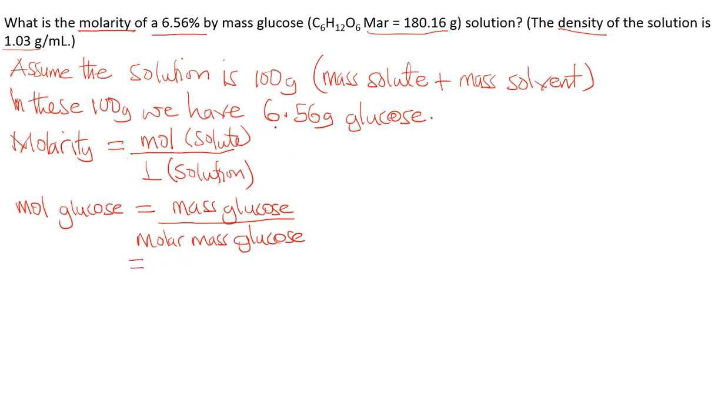Here, this is our mass, 6.56 grams of glucose, divided by the molar mass of glucose, which is given here, 180.16 grams.